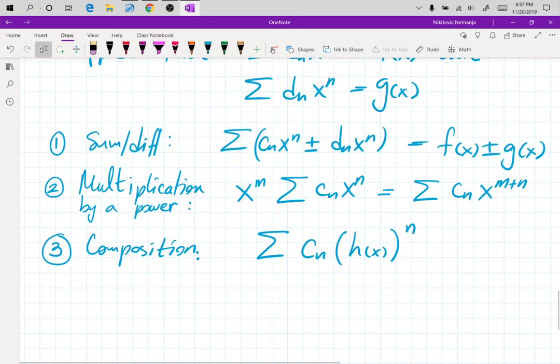Remember that summation Cn x to the n is already a function, and now you're replacing the x with another function. So that's called function composition. So number one is good everywhere. Number two is going to be for differential equations. Number three is going to be for this class. It's going to be included somewhere, probably in the final with one of the integration questions, I think.